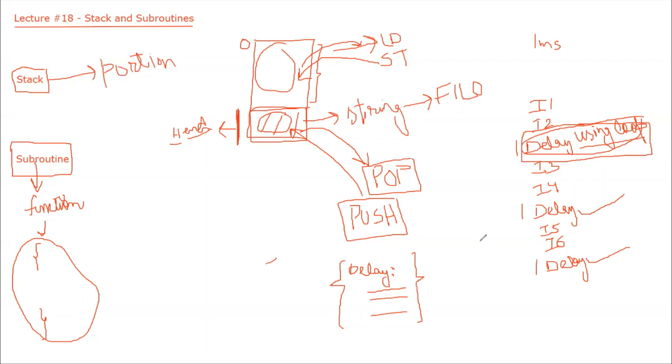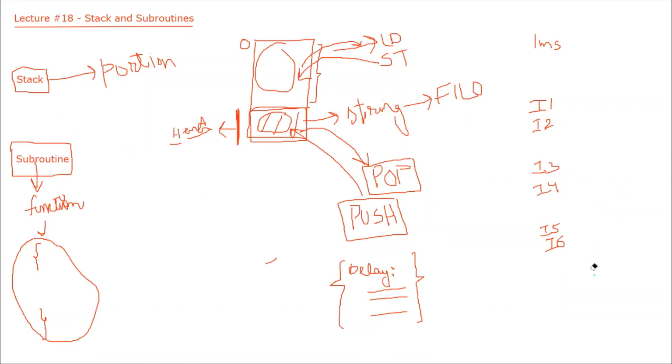So whenever I need a delay, instead of writing my code here, I will call this particular function. Which function? The delay function. So I will call delay here.